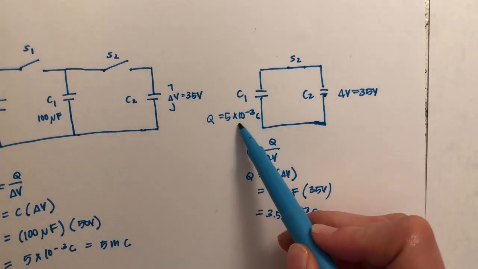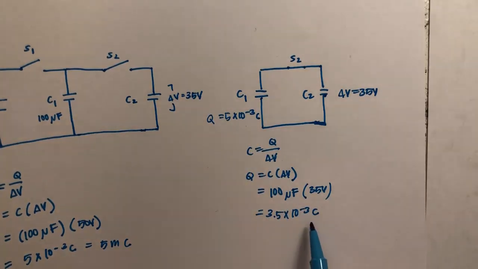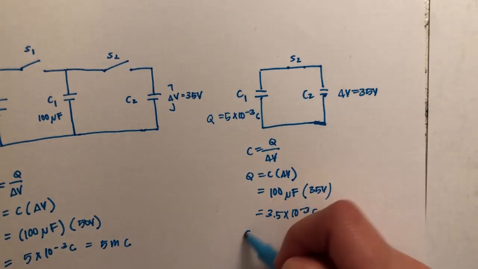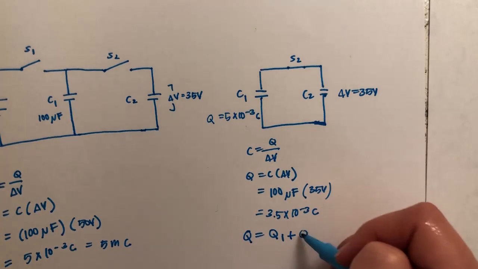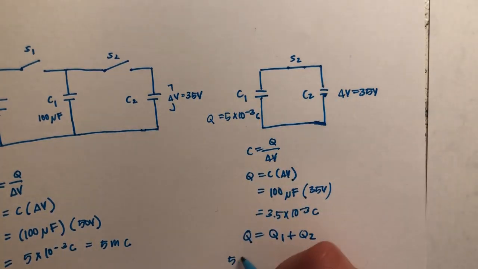So there's a discrepancy between these two numbers, 5 times 10 to the negative third and 3.5 times 10 to the negative third. And all the charge in this circuit should add up. So the charge on capacitor 1 and capacitor 2 should add up to the total charge. The total charge when we started was 5 times 10 to the negative third coulombs.